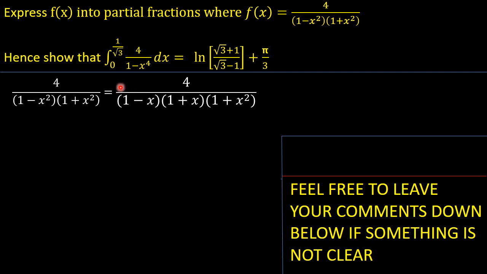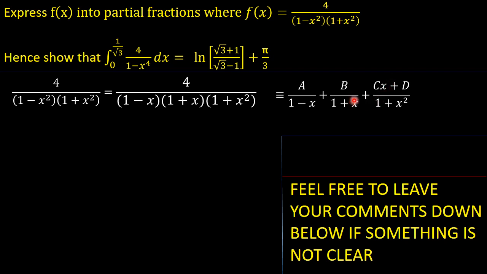Alright guys, since we now have two linear factors, namely 1 minus x and 1 plus x, we are going to set this to be identically equal to a over the first one, which is 1 minus x, since it's a linear factor, plus a constant b over 1 plus x. Now since the next one is quadratic, what we expect up there is the general form of a linear expression, namely cx plus d.